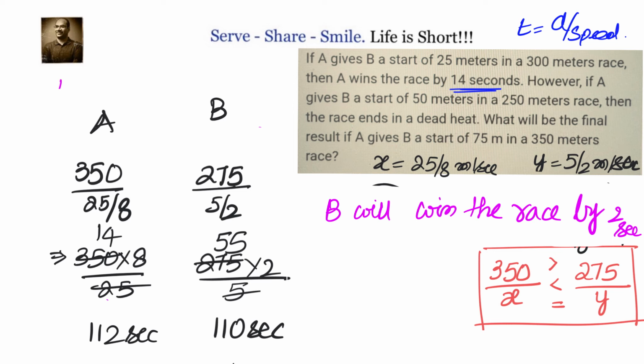We have a 350 meters race. B goes for only 275 meters as A gives him a 75 meters start. So A's time taken is 350 by x, whereas B's time taken is 275 by y. You substitute the values of x and y as 25 by 8 and 5 by 2. You get the time taken by A is 112 seconds, whereas the time taken by B is 110 seconds. That means B wins the race by 2 seconds.